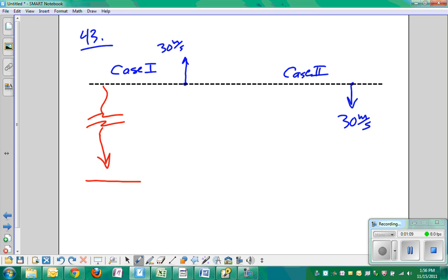We know by symmetry that this thing is going to go up in the air and it's going to come back down. And when it gets back down to the same spot, what do we know about its velocity? It's the same downward as it was fired upward.